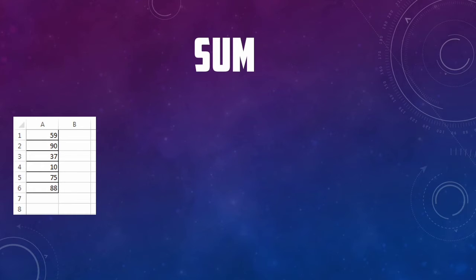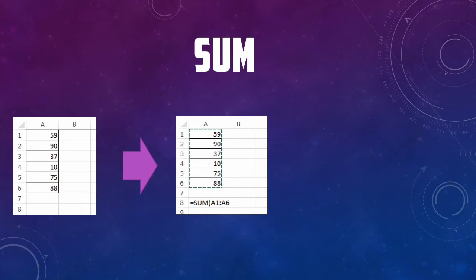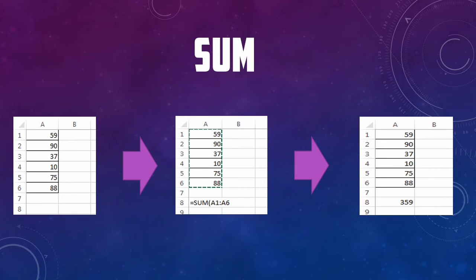If I want to count this data using some formula, I have to write this one, sum, and then plot the data A1 until A6. Don't forget to use equal in the beginning of the formula, and then push enter, and the result will be like this.